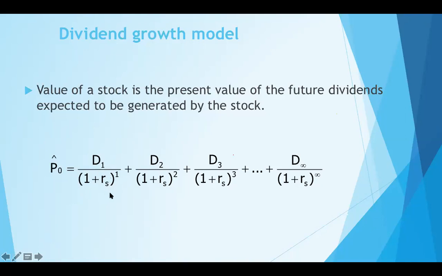So this R is the minimum required return for this stock. And the dividend is, of course, the expected dividends forever, right? Basically, you see this is a discounted cash flow. Of course, it's not possible to find this until forever.